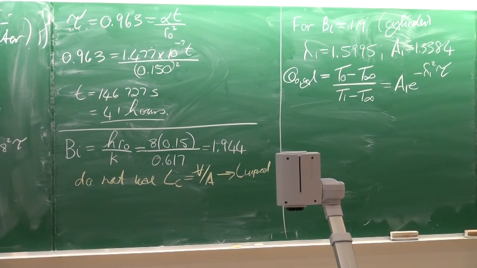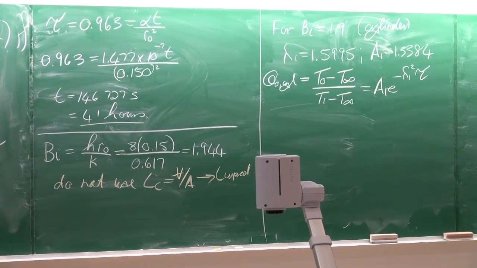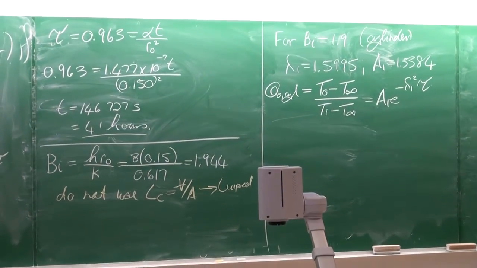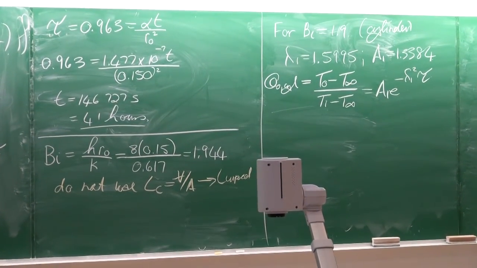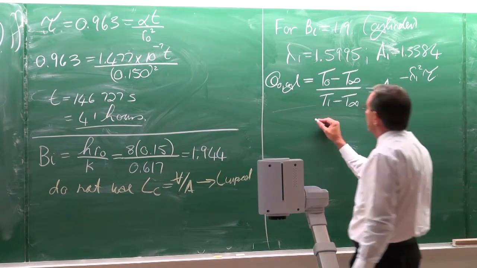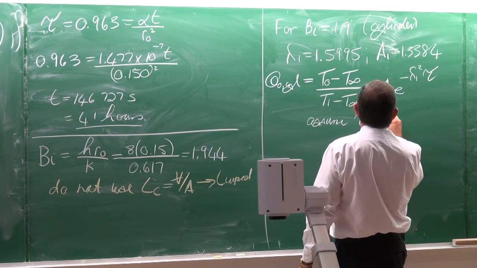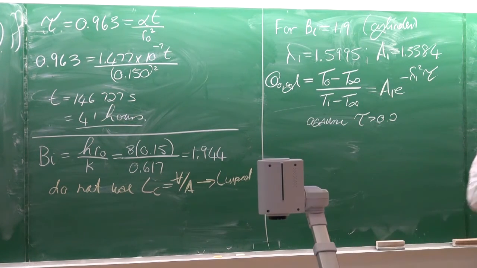That's the equation. It is a simplified equation of table 4.1 where r is equal to 0, so the cosine term disappears. And secondly, we make the assumption again that tau is larger than 0.2, so that we only have to calculate the first term and not all the other terms of the series.